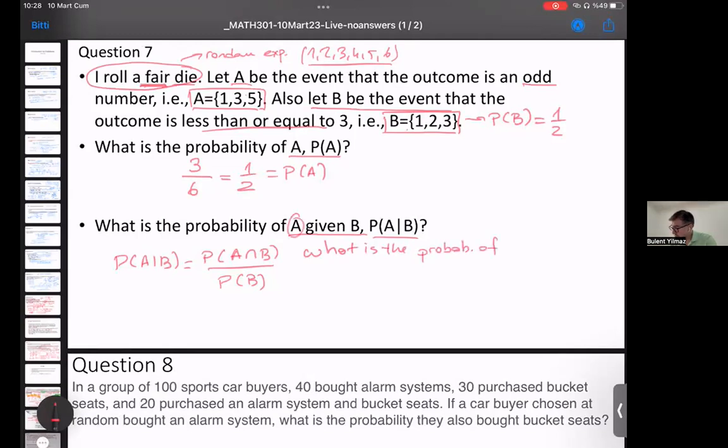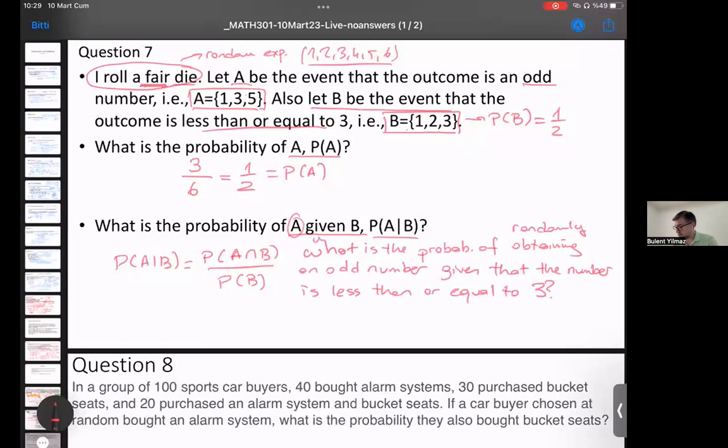What is the probability of randomly obtaining an odd number, given that the number is less than or equal to 3, when I roll a fair die?